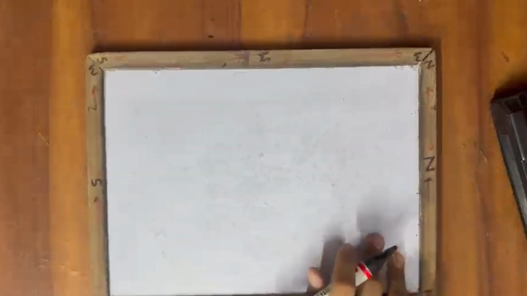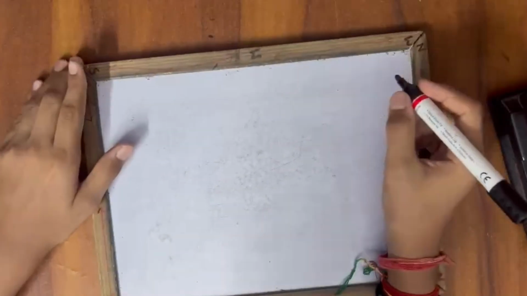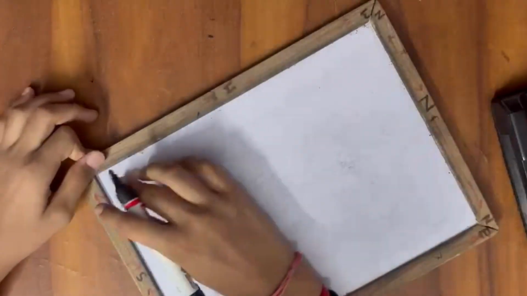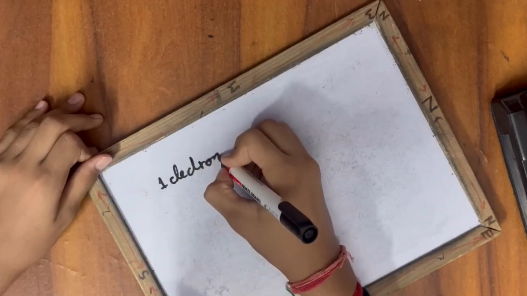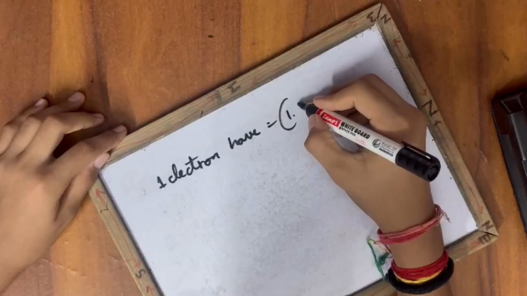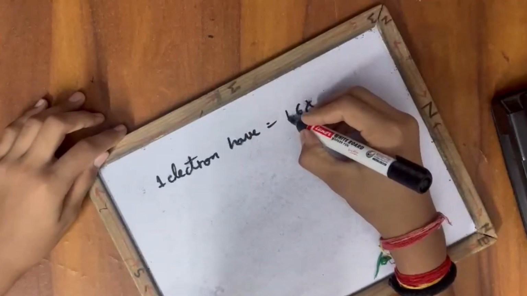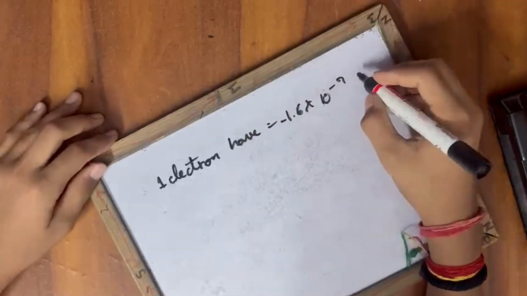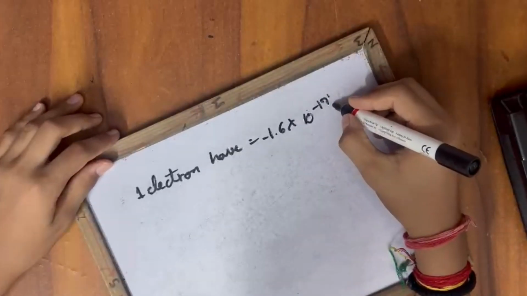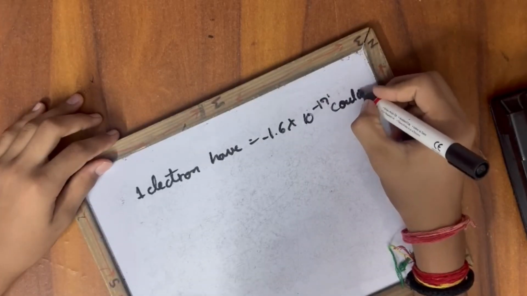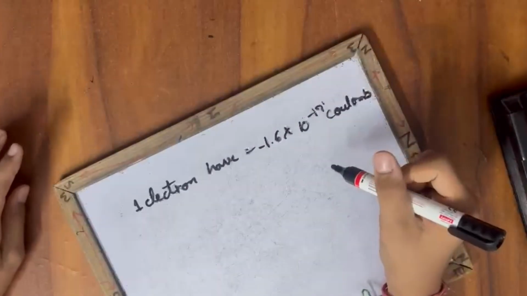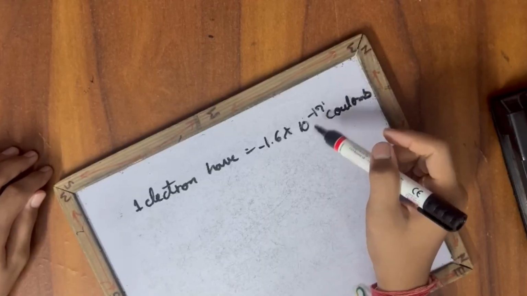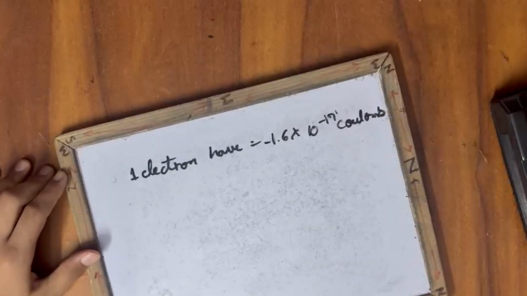Now let's study how many electrons there are in a charge. Let me tell you in a simple way. One electron has a charge of minus 1.6 into 10 raised to minus 19 coulomb.